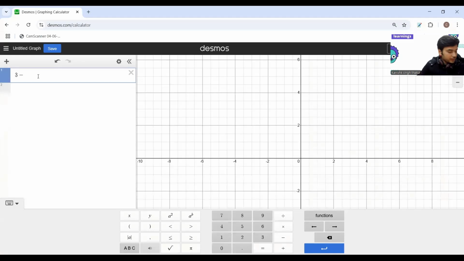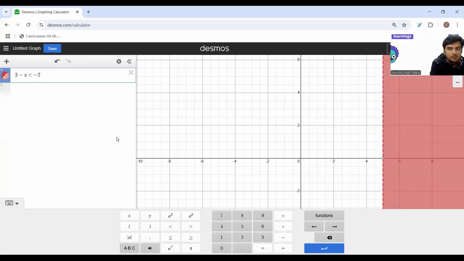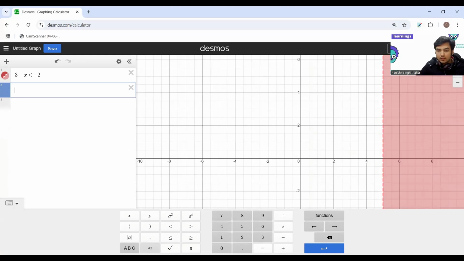So 3 minus x lesser than minus 2. This is one of my graphs. And then the second graph which I have is 2n plus 3 lesser than equal to minus 1.